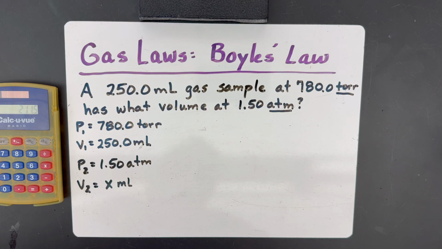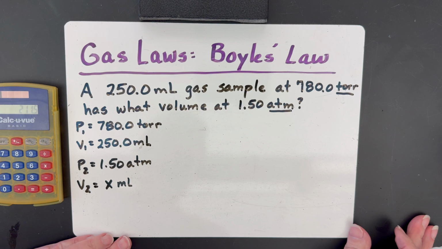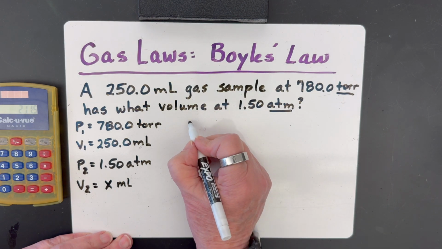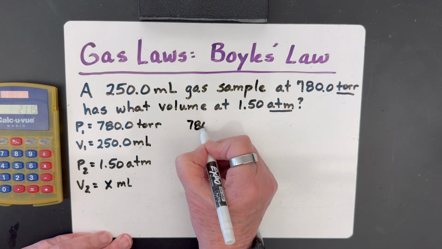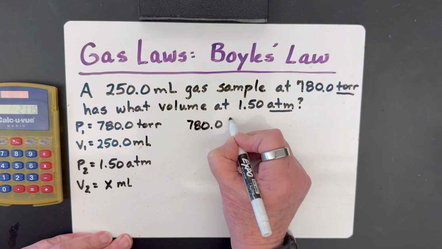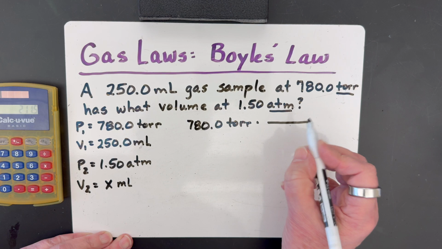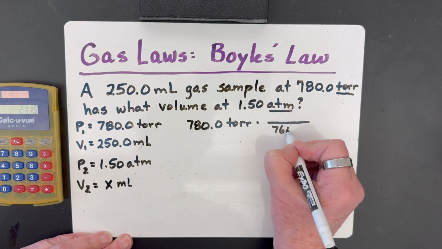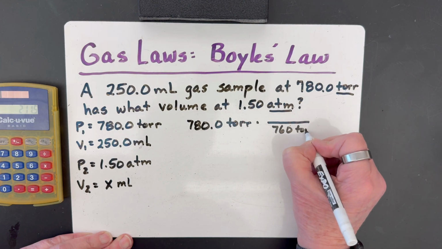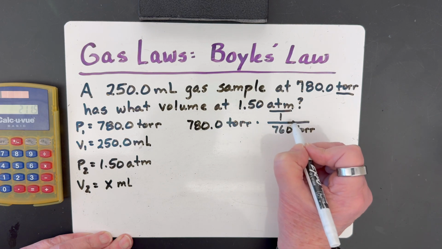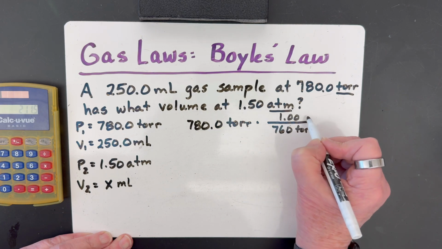It doesn't matter which one you convert. So I'm going to go ahead and convert my torr into atm. So I have 780 torr, and my conversion factor, there's 760 torr in 1 atm.